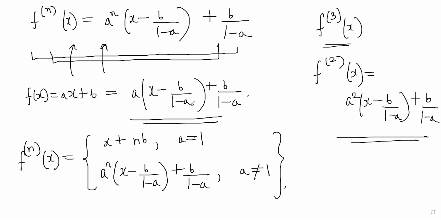So that ends this problem. Think about the fixed point method, how we did it. We found the fixed point and expressed the function in a slightly different way, and then we were able to easily get the nth iteration. The next question will show us a new method to find iterations also.